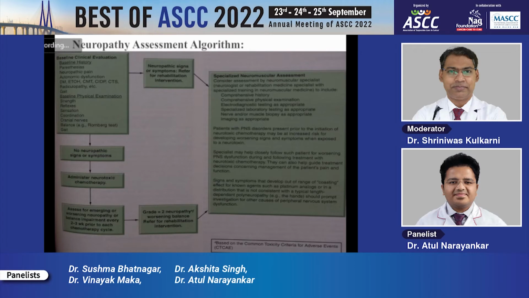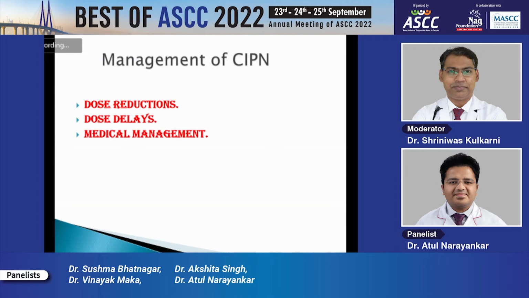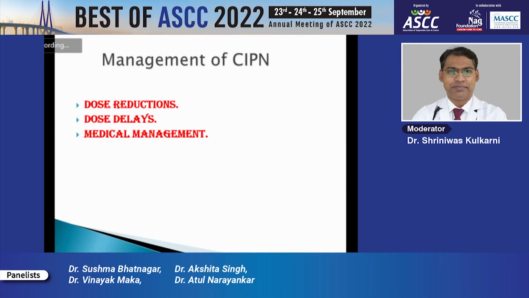Patients with peripheral nervous system disorders presenting prior to the initiation of neurotoxic chemotherapy have increased risk of getting chemotherapy induced peripheral neuropathies, and specialists should be involved in their care. We should start working right from reducing the risk of developing chemotherapy induced peripheral neuropathy rather than focusing on crisis management after the development of peripheral neuropathy.